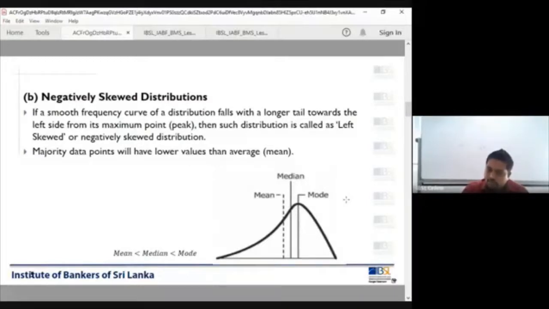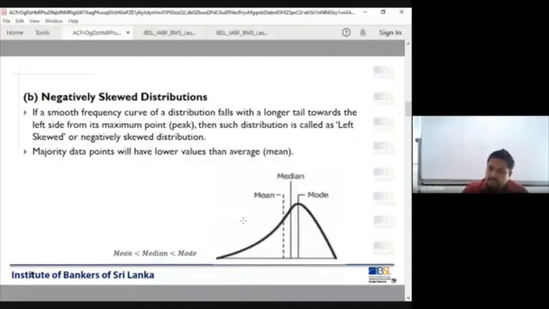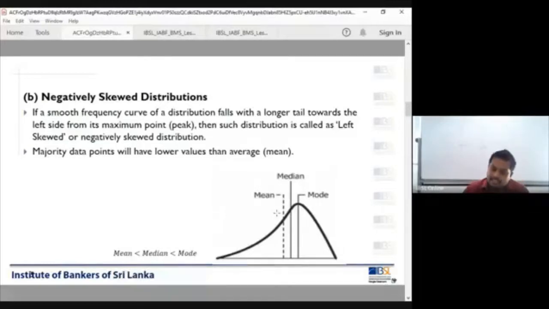This is the other extreme from the positively skewed or the right skewed distributions. It's the other end. The data set has been moved towards the other side from the central point. The definition is like this. If a smooth frequency curve of a distribution falls with a longer tail towards the left hand side.